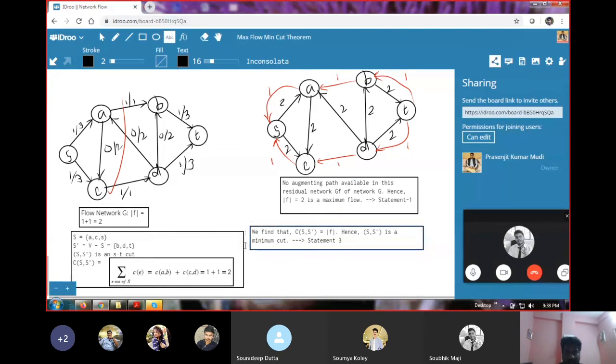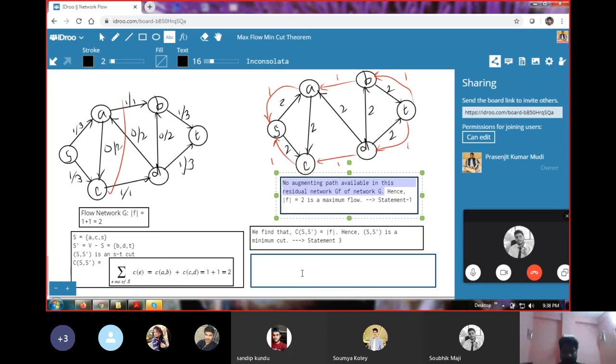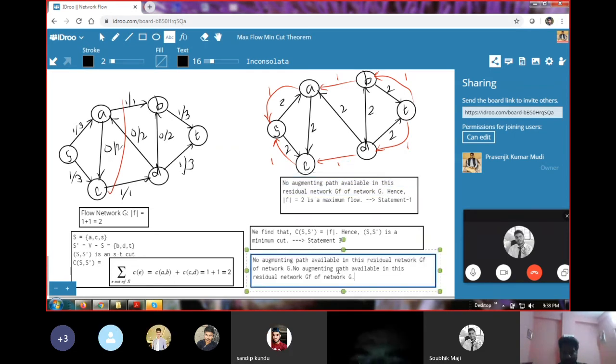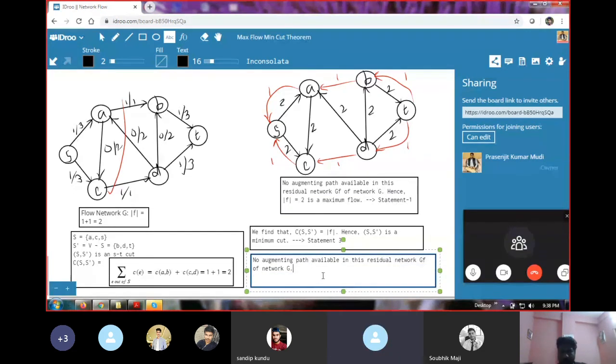Next we consider the second statement, which we have already solved here. Is there an augmenting path available in the residual network of G with flow F of G?